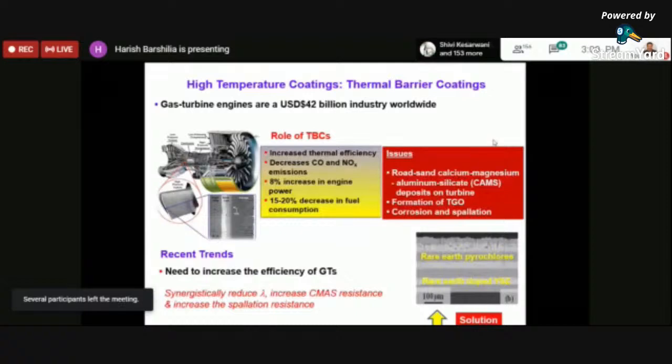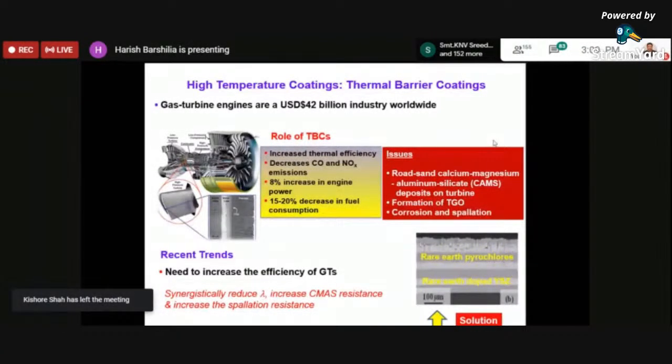Typically, you use about 1,200 degrees Celsius, but most of the metallic materials currently used to design these turbines are not stable at temperatures beyond 1,200. For typical gas turbine applications, the temperatures required are about 1,400 to 2,000 degrees Celsius. So the question arises how to achieve those temperatures.